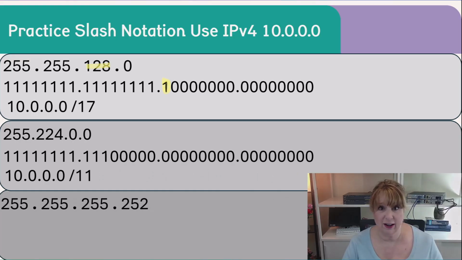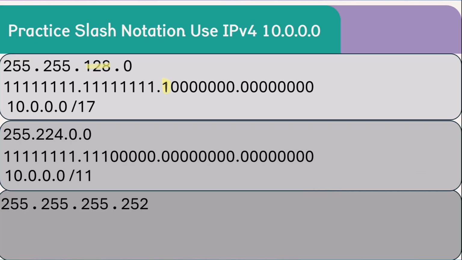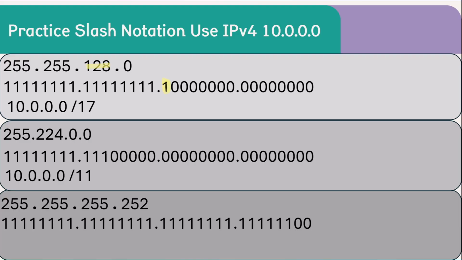And finally, our practice will end with 255.255.255.252. Again, give the video a pause here. I'd encourage you to do this and try and write the slash notation out yourself. This is a lot of ones here, but really we know that it's just 8 ones everywhere we have a 255.